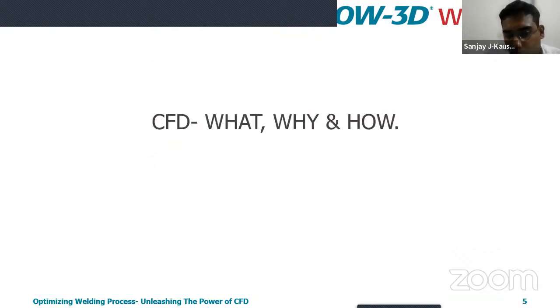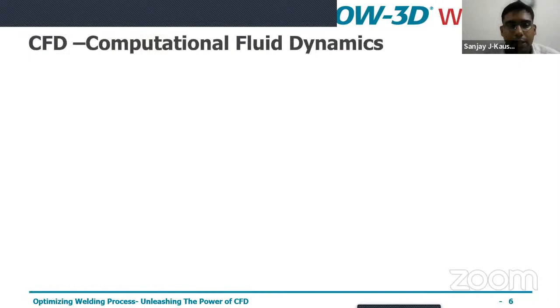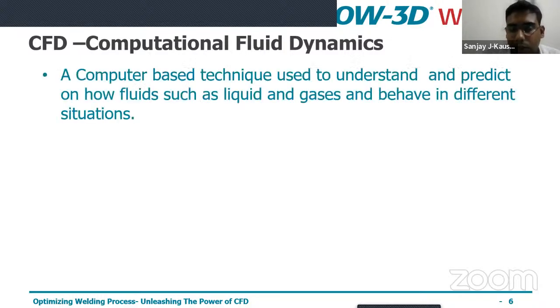We'll start with what CFD is, why CFD is needed, and how a CFD software or technique works overall. We'll go one by one. CFD stands for computational fluid dynamics. It is a technique used to understand and mainly predict how fluids such as liquids and gases flow or behave in different situations.